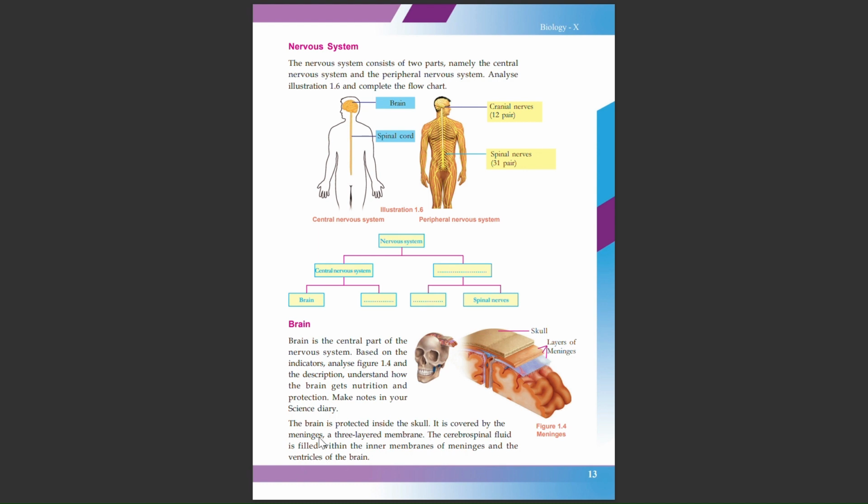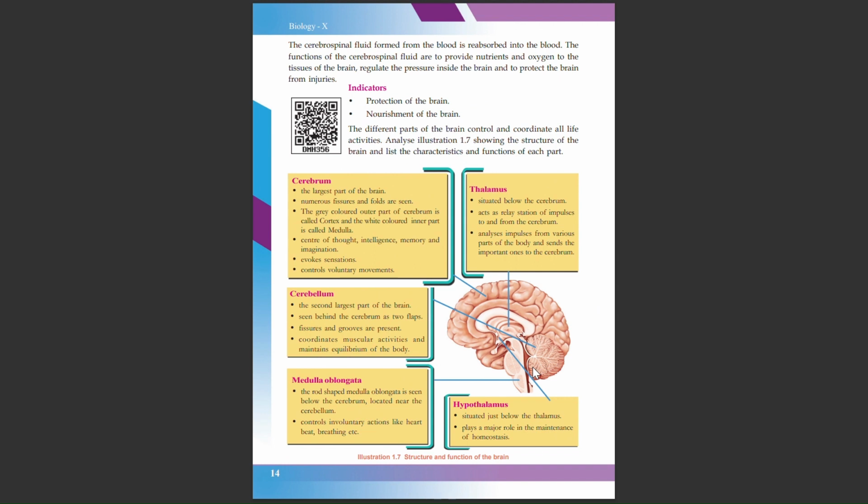The cerebrospinal fluid is filled within the inner membrane of the meninges and the ventricles of the brain. Between that and the ventricles of the brain, it is filled. The cerebrospinal fluid is formed from the blood and reabsorbed into the blood.